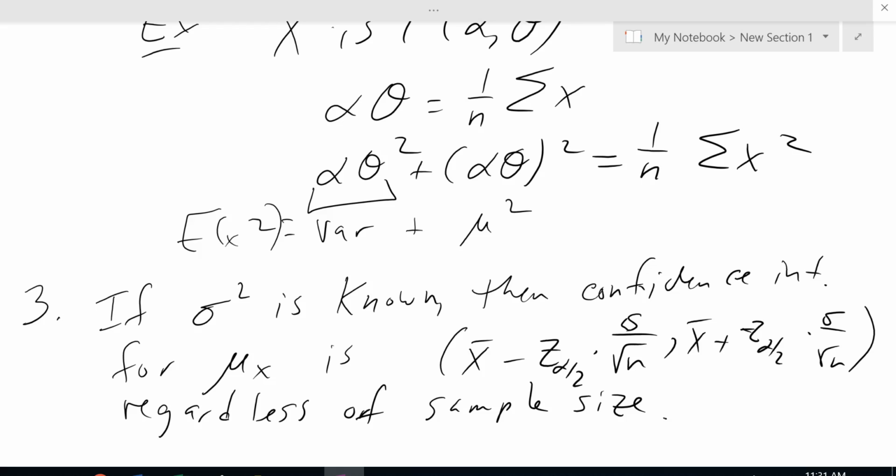But if we're taking from a variable that is not normally distributed, should we require the sample size to be big enough? If we're taking from something that's not normally distributed, then we've got more issues than that for confidence intervals.